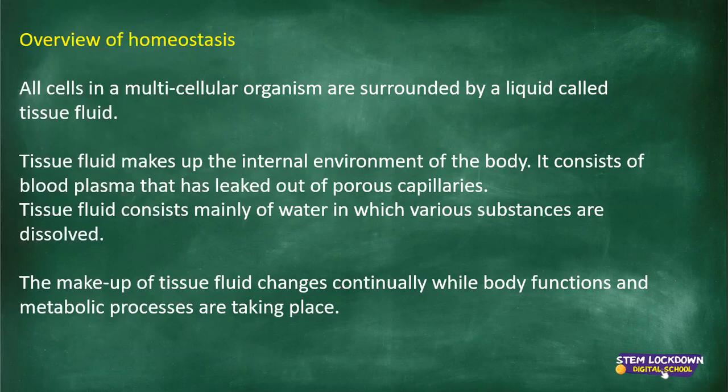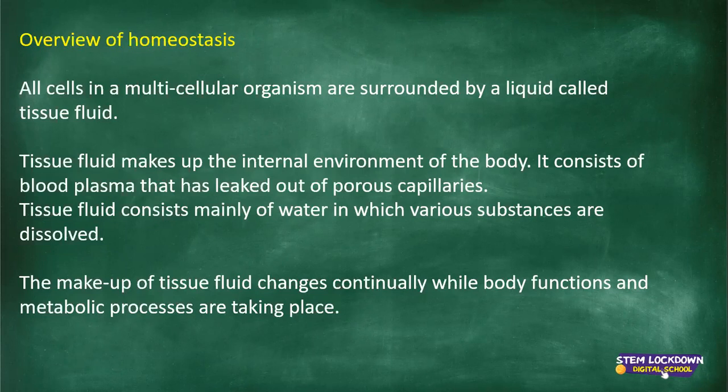Tissue fluid consists mainly of water in which various substances are dissolved. The makeup of tissue fluid changes continually while body functions and metabolic processes are taking place. You'd expect that, because sometimes you eat certain foods that would change the tissue fluid.